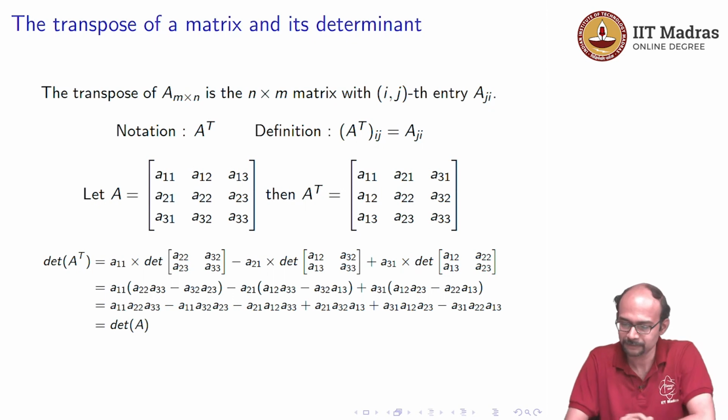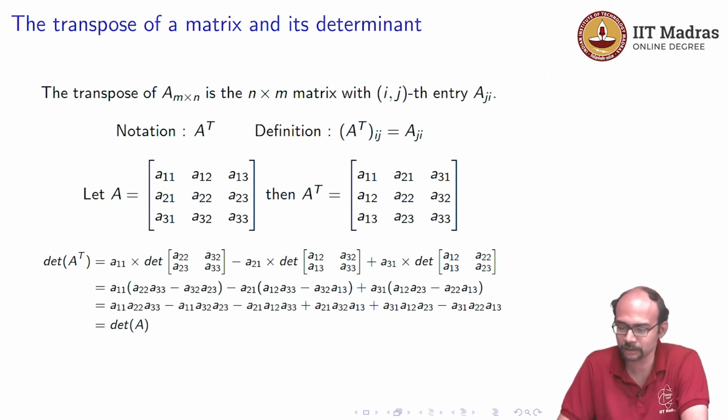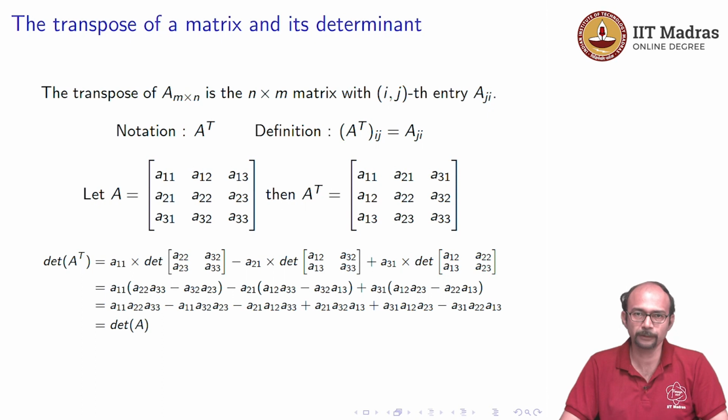Let us work this out. Determinant of A transpose. We have a clear formula for the determinant, so let us use that. We look at the 1 term of A transpose and multiply by the determinant of what is left when we drop the first row and column, and minus the 1 term of the transpose times determinant of whatever is left when we drop the first row and second column, and plus the 1 term of A transpose times determinant of whatever is left when you drop the first row and the third column.